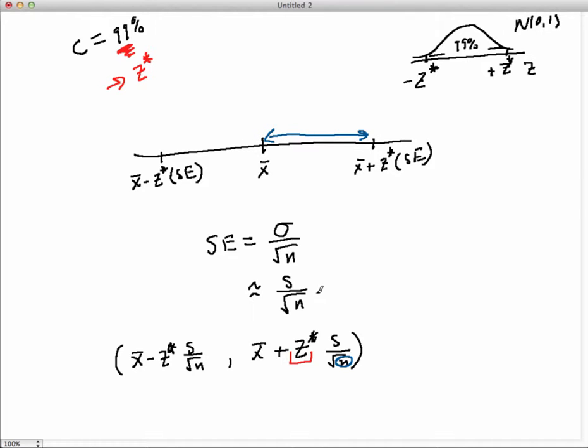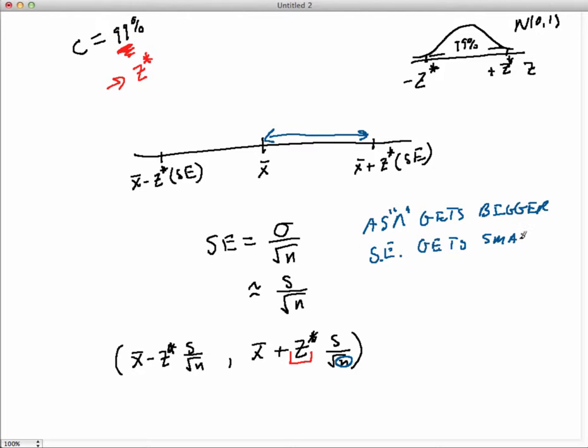Notice that as n gets bigger, what happens to the standard error? The standard error gets smaller. There's an inverse relationship between them.